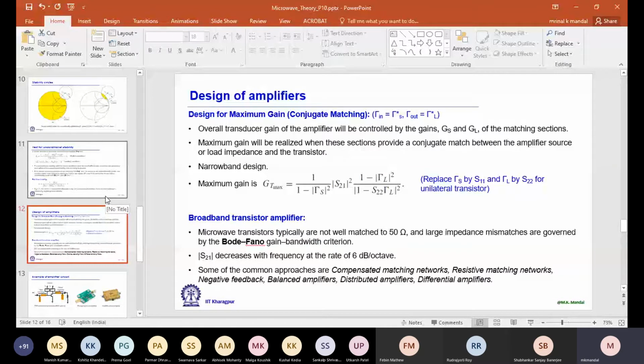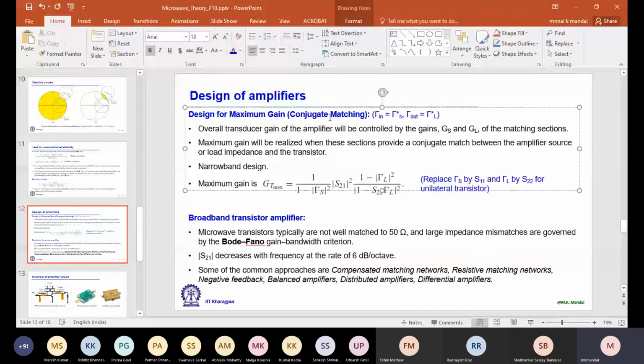Well, next, then design of amplifier in short. Detailed steps are given in Pozar for these two simple cases: maximum gain, and the second one is the broadband transistor amplifier. The broadband transistor amplifier is not included in your syllabus, just to introduce the concept to you. The first one is designed for maximum gain, the conjugate matching scenario. That means gamma in is equal to gamma S star and gamma out equal to gamma L star.